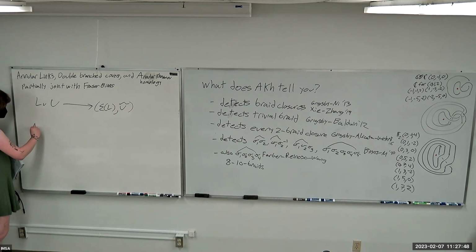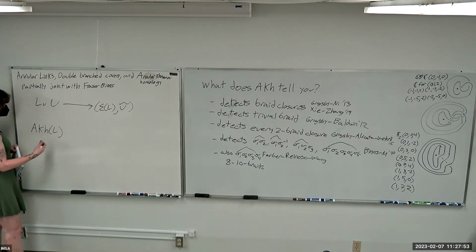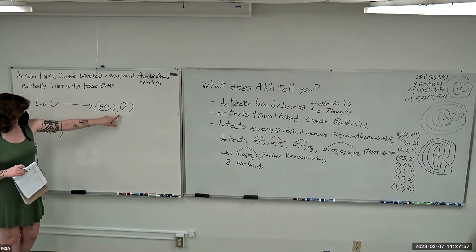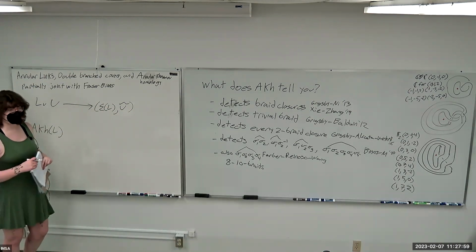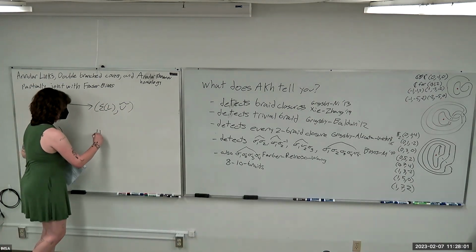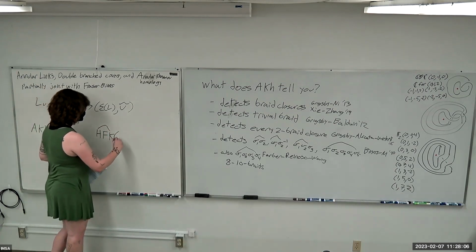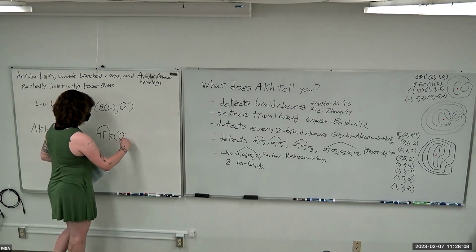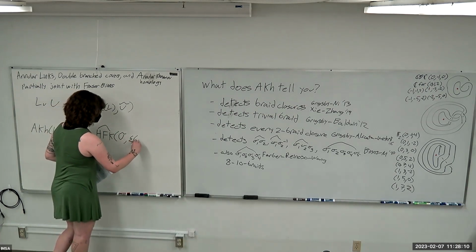And so here we actually can look at the annular Khovanov homology of our link. And then if we have a 3-manifold with a knot inside of it, one thing you can do is look at the knot Floer homology of that knot or link inside of the 3-manifold.